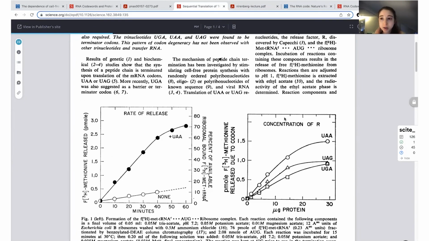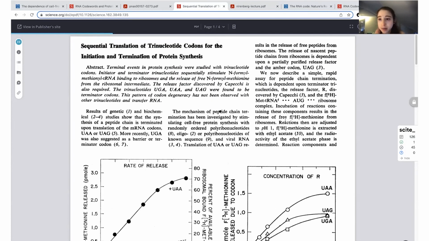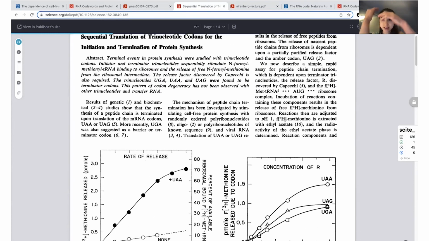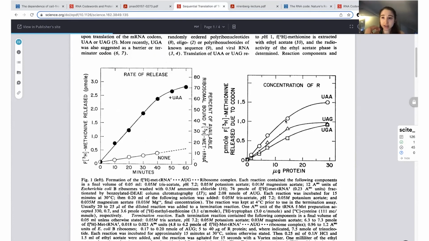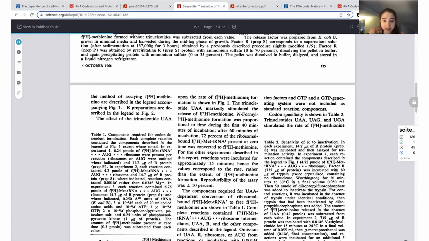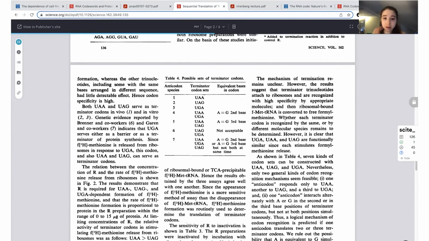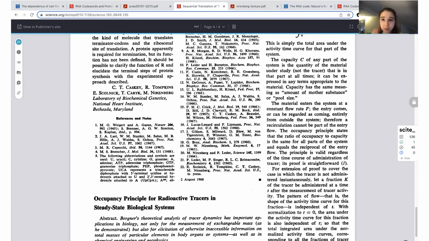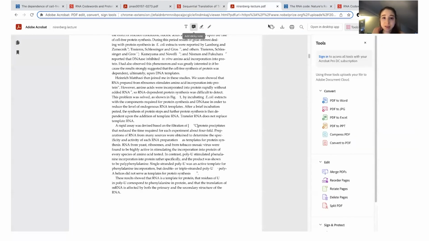And they were able to do these experiments where basically they bind the tRNA bound to a modified methyl group, and then they get it to bind the ribosome using the start codon AUG, and then they add the stop codon and get this release factor and measure the release. So what's still left on and what's released from the group. And so yes, that was more on tying up the ends.